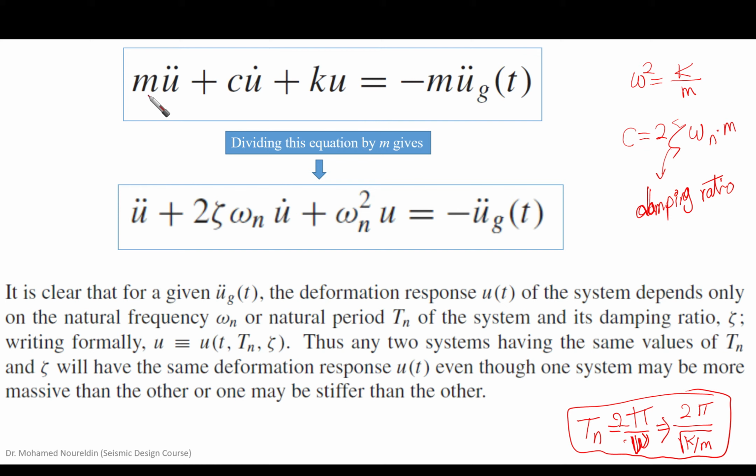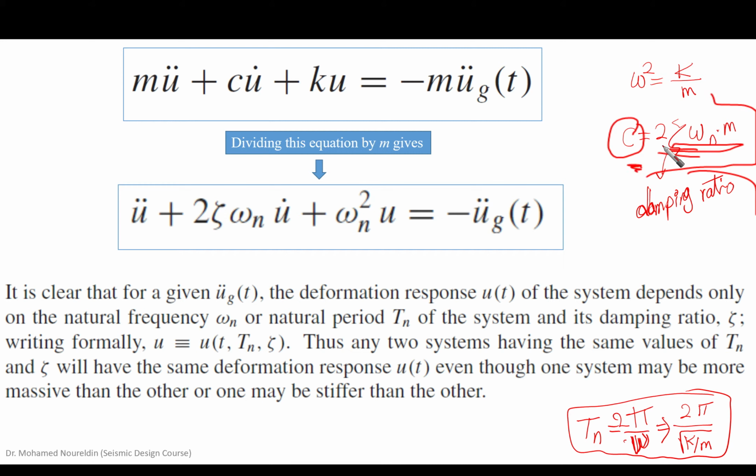If we divide this equation by m, it is going to give us u double dot here, and this c equals 2 zeta omega n times m. This is the value of the damping coefficient c.